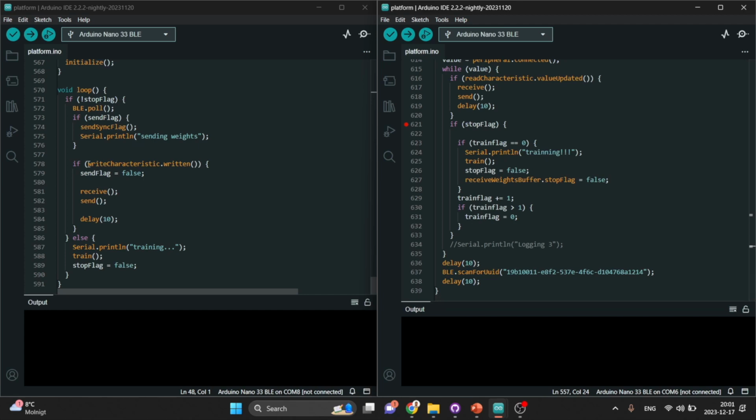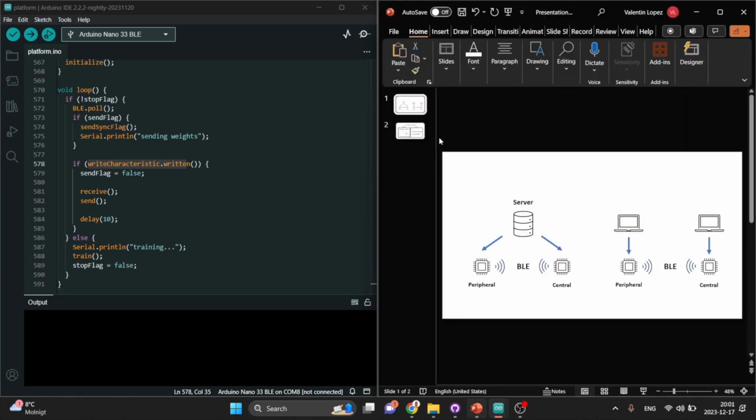So check out the flag that we have here. This flag is one when the central has written, and this flag is one when the peripheral has written. And you can see here in this sketch overall how the protocol works.